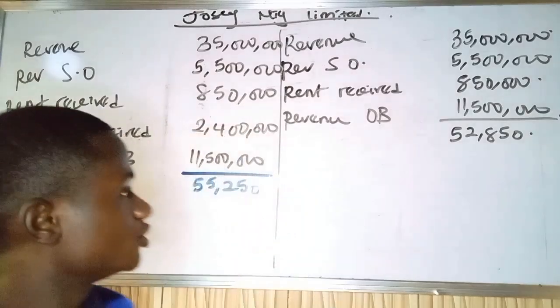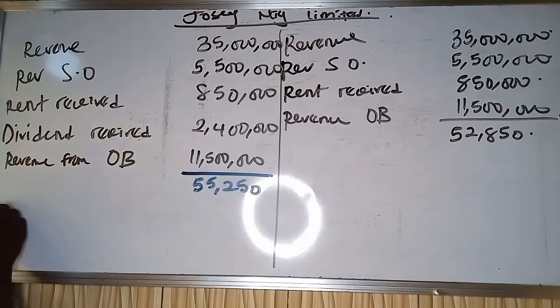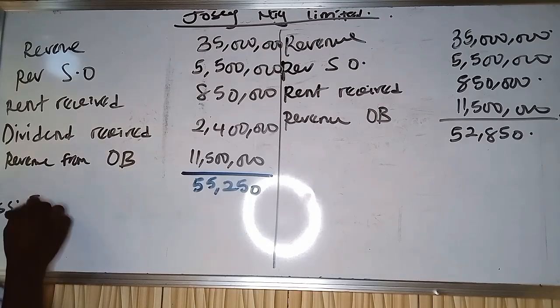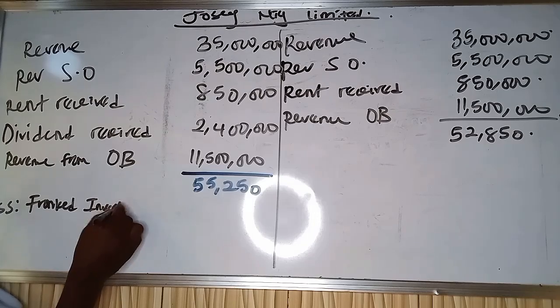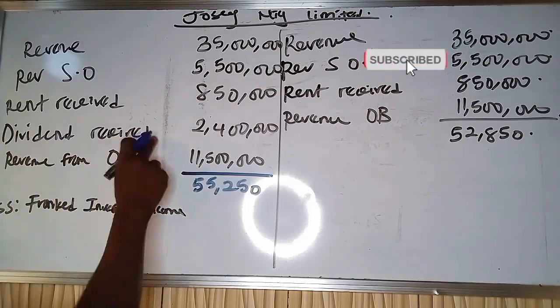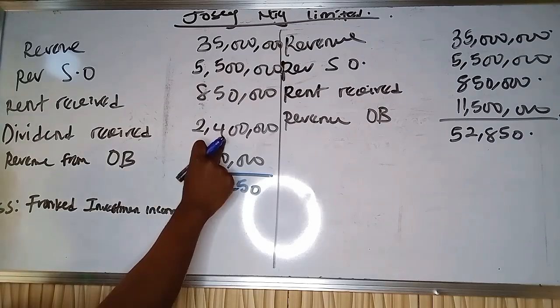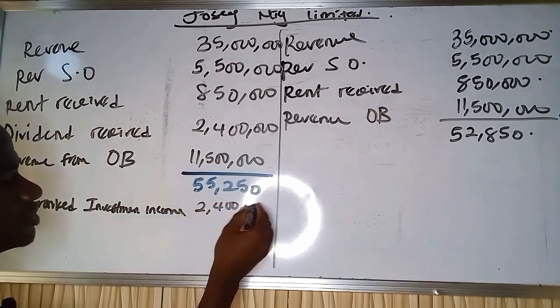So if you subtract it, you will still be getting the same value with this. Let's go. We come here and we subtract our franked investment income, which is our dividend received, and the dividend received that we have added before, we subtract it, which is 2,400,000.